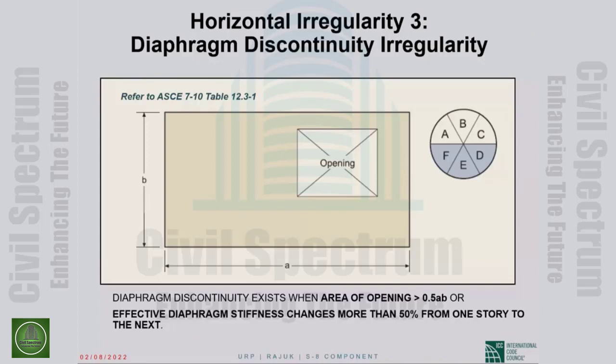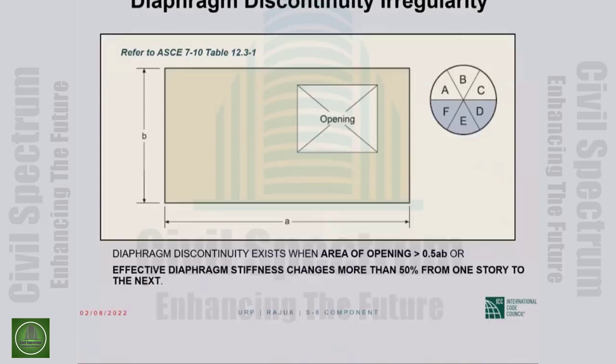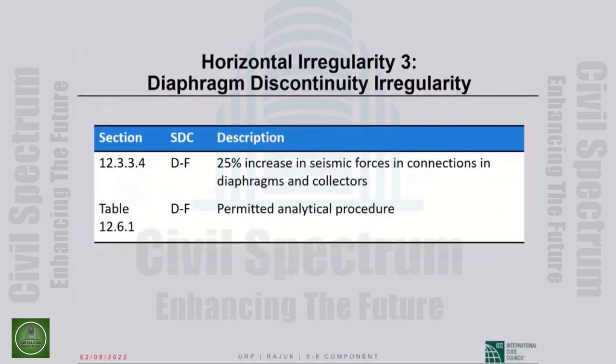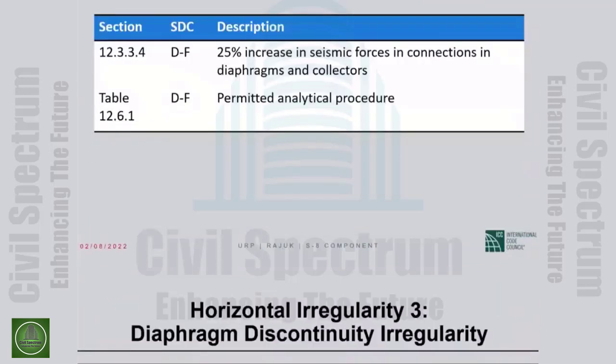So 50% of the diaphragm is an opening, 50% or more, or effective diaphragm stiffness changes more than 50% from one story to the next. What you consider effective is up to you. If you have diaphragm discontinuity, the regulations that are triggered are again 25% increase in seismic forces and permitted analytical procedure.